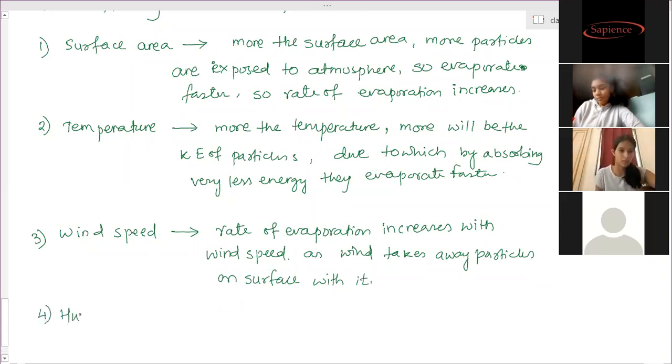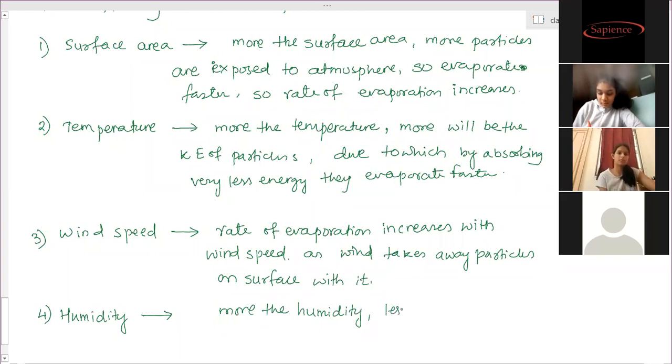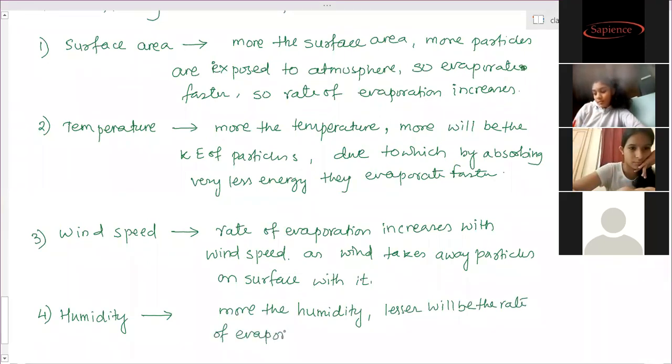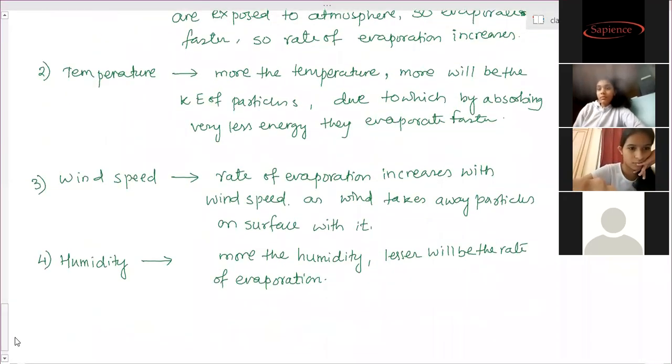And the fourth one, humidity. More the humidity, lesser will be the rate of evaporation. So in rainy season, the rate of evaporation decreases. So write down these points. I'm coming in 1 second.